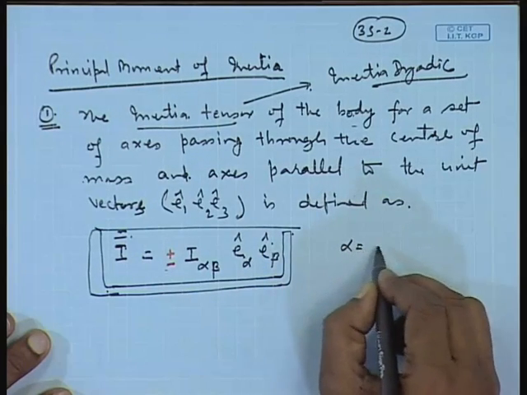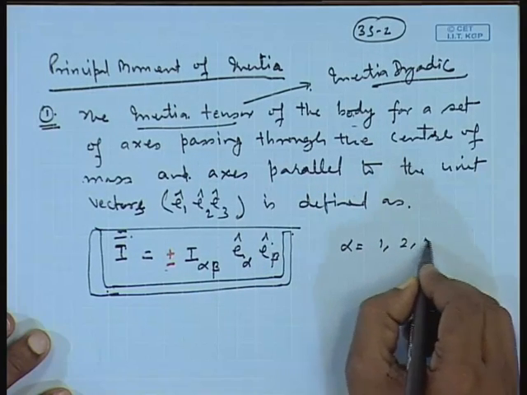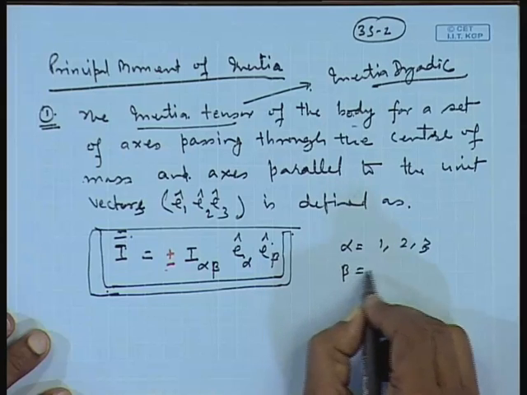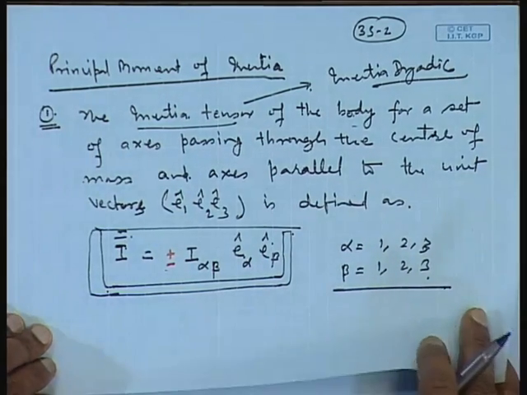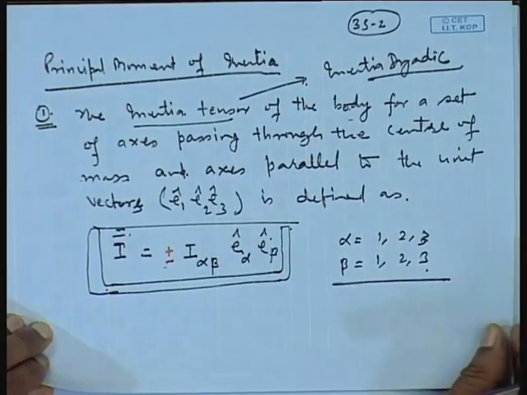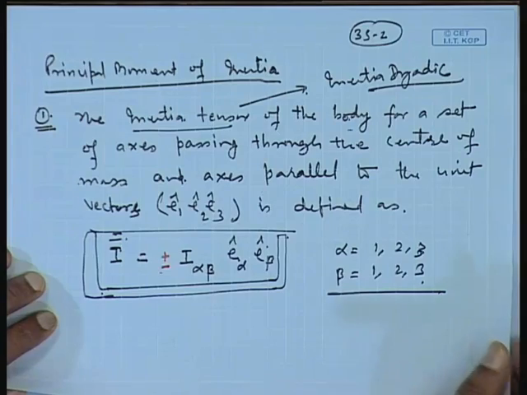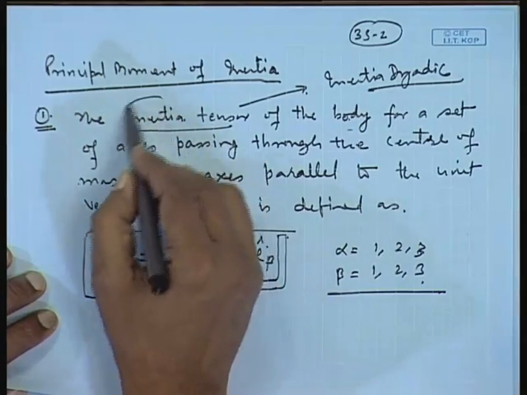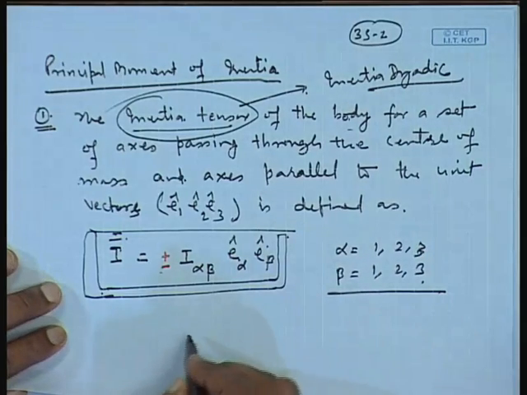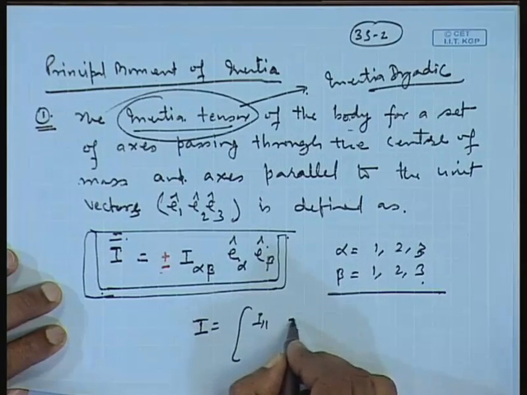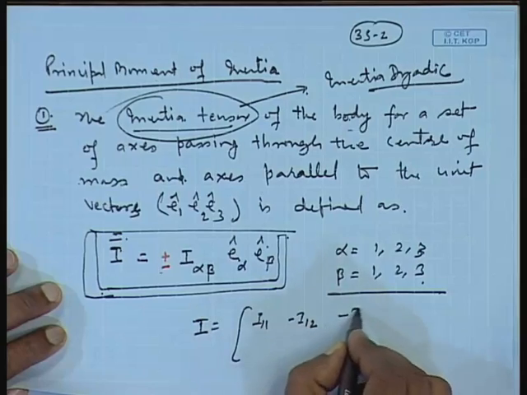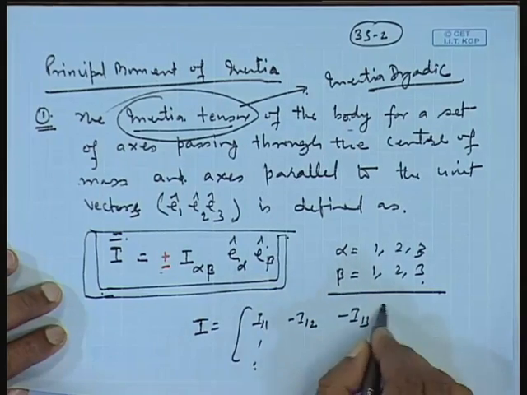So, here alpha equal to 1, 2, 3 and beta also equal to 1, 2, 3. If we are writing just the inertia tensor, you can write it as I11 minus I12 minus I13 and so on. Okay.